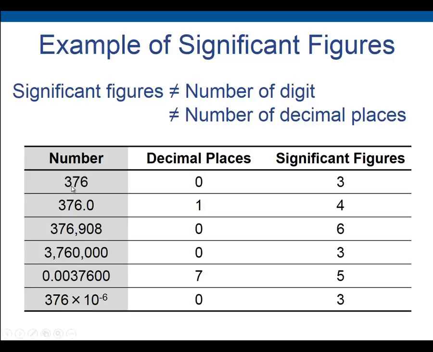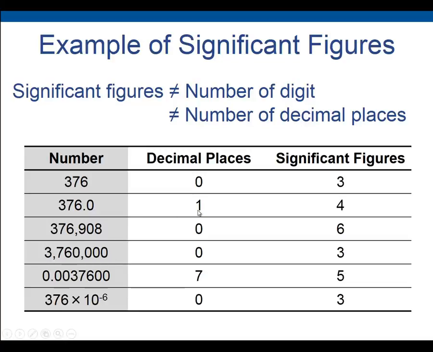The number 376.0, the decimal point is here. It has 4 significant figures. How about this one? As I mentioned previously, if the number has a decimal point and ends with 0, then the significant figure count includes that 0.